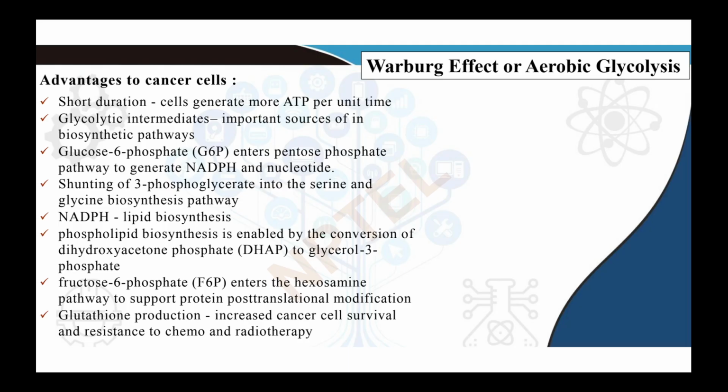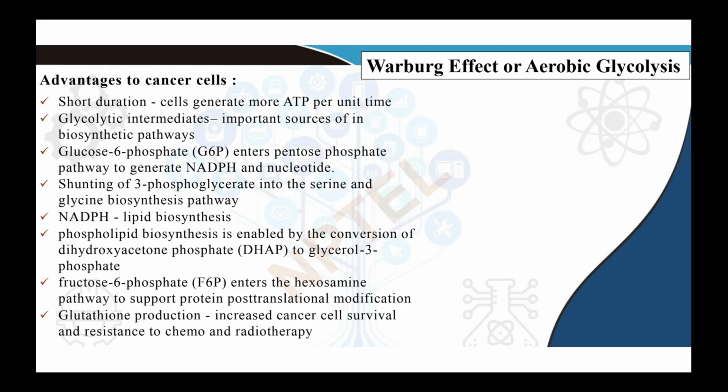From that process itself, it can actually generate more ATP in 1 minute than the cell going through the whole glucose to pyruvate, then pyruvate to acetyl coenzyme A, then the TCA cycle, then the oxidative phosphorylation. So it's a long process, right? So instead of that long process, the cancer cells are smart enough to choose a shorter process where they can quickly generate more ATP in a shorter time.